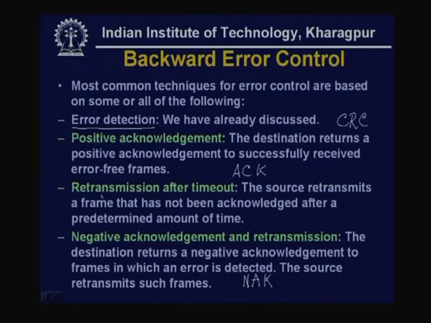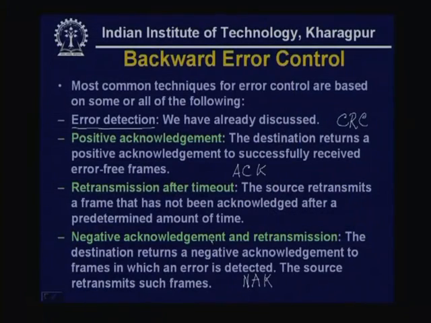Apart from that, there will be necessity for retransmission after timeout. The source retransmits a frame that has not been acknowledged after a predetermined amount of time. What can happen? That happens in case of damaged frames. A frame is damaged to a certain extent, it is not recognizable, so that the receiver assumes that no frame has come.